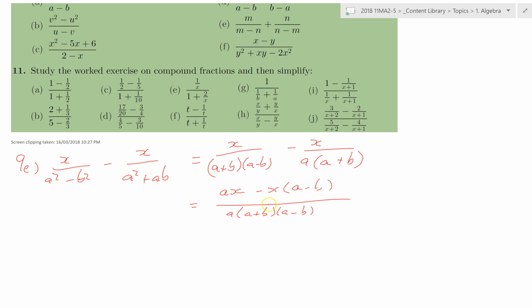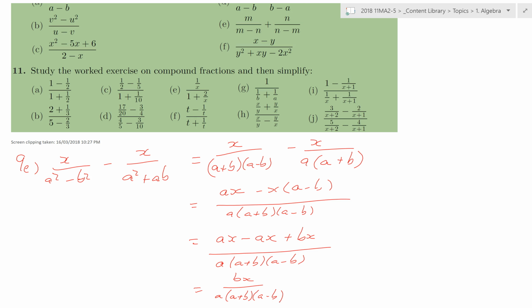Now, I suppose we need to tidy this up a little bit. And I get ax minus ax plus bx all over a(a plus b)(a minus b). My ax's cancel out, and I get bx over a(a plus b)(a minus b).